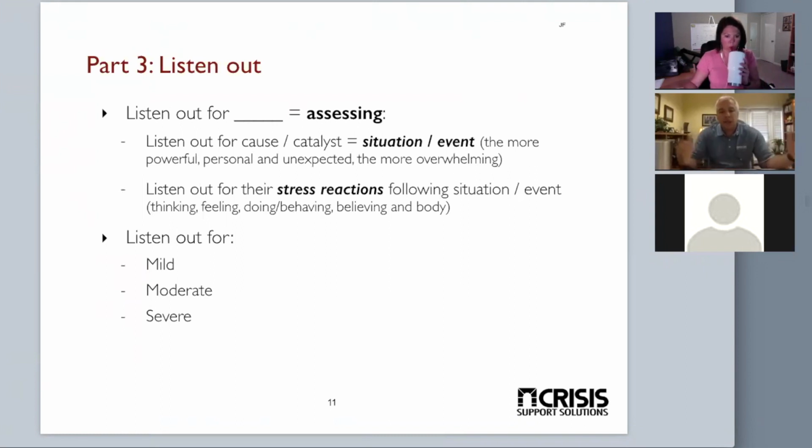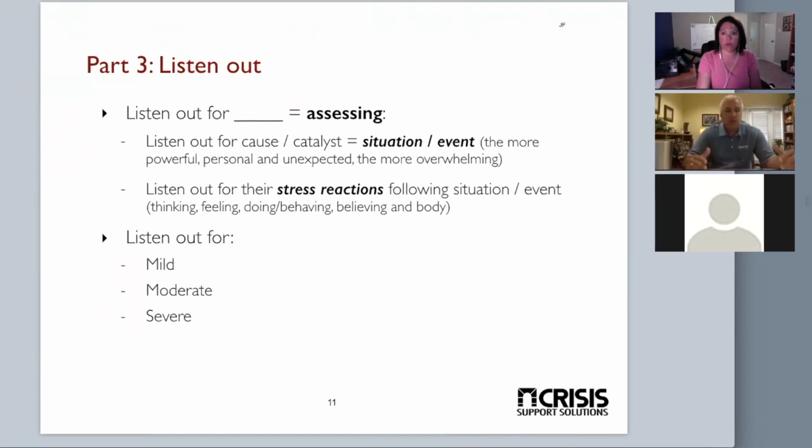If it's several people removed, or this happened to somebody else, then it may not be as personal as you think it is, but it still may be powerful if it brings up something. But you're listening out for those things as you assess the situation or event.